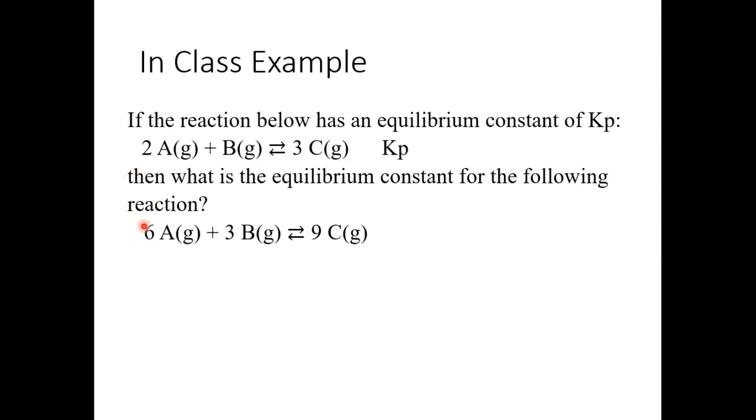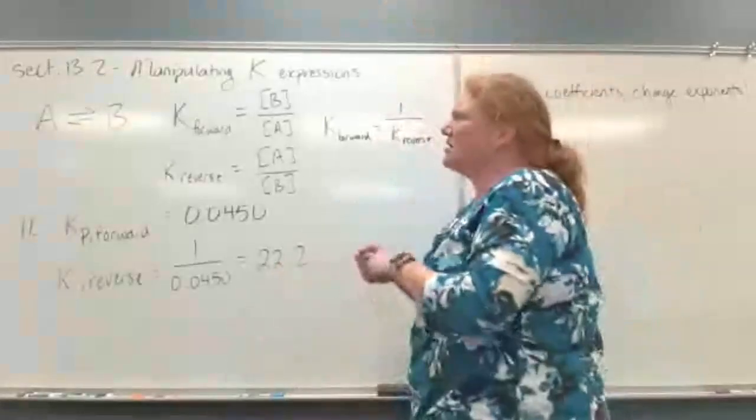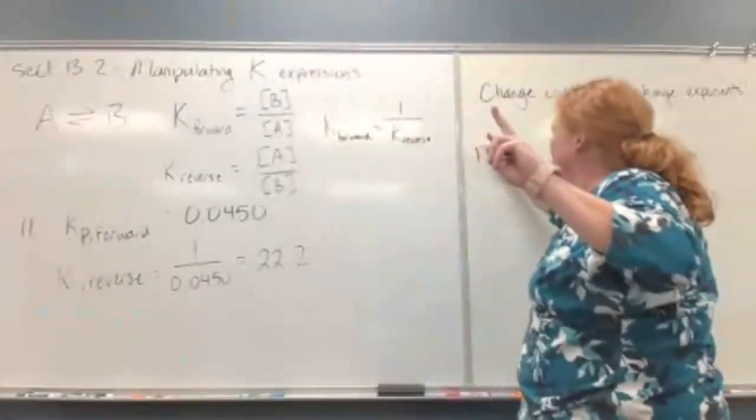What did I do to my equation between what I gave you and what I'm showing you? I multiplied each coefficient by 3. That means this new reaction value of K, so sometimes we use this little prime symbol.